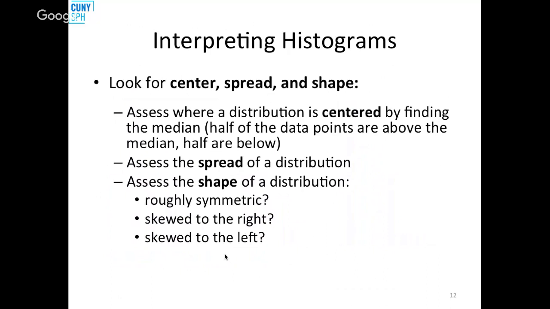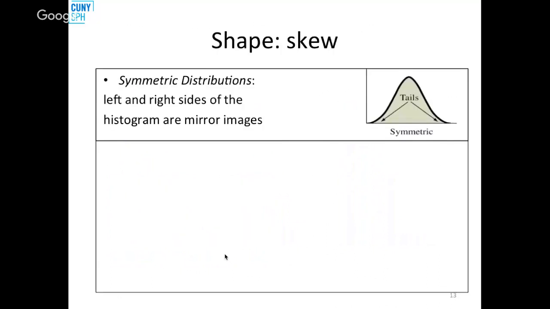The center I'm leaving intentionally vague here to mean something like the middle of the data, and there are different ideas of what that means. The centering can mean median, mean, etc. You can assess the spread of the distribution, again being a little bit vague here, but just to mean the general idea of how much the data varied around that center, and shape as in skew.